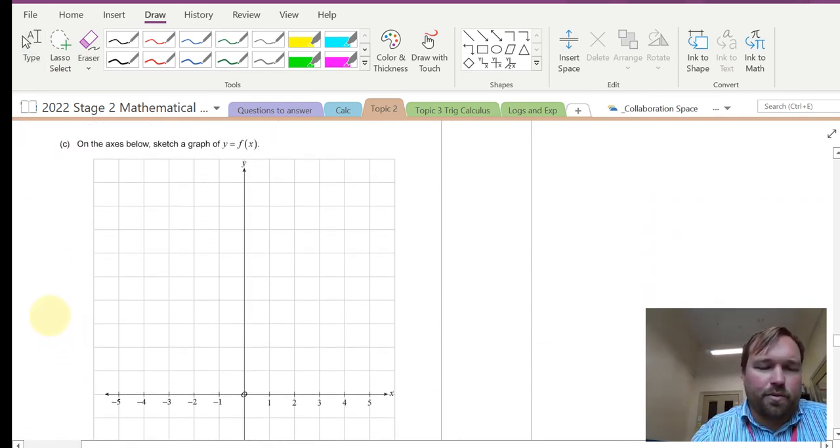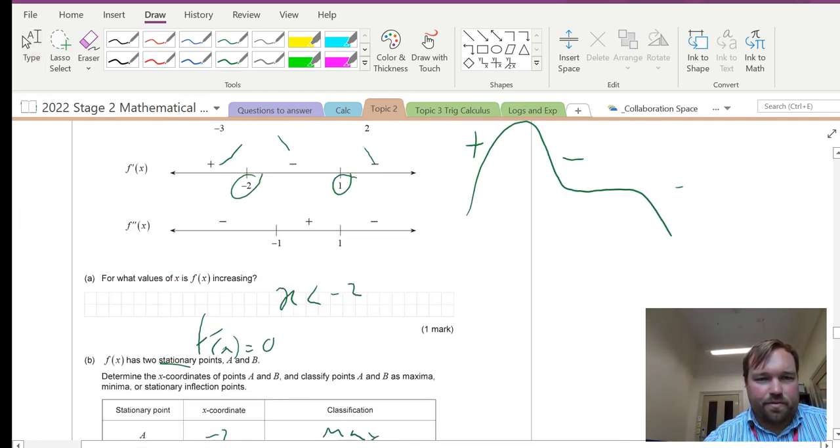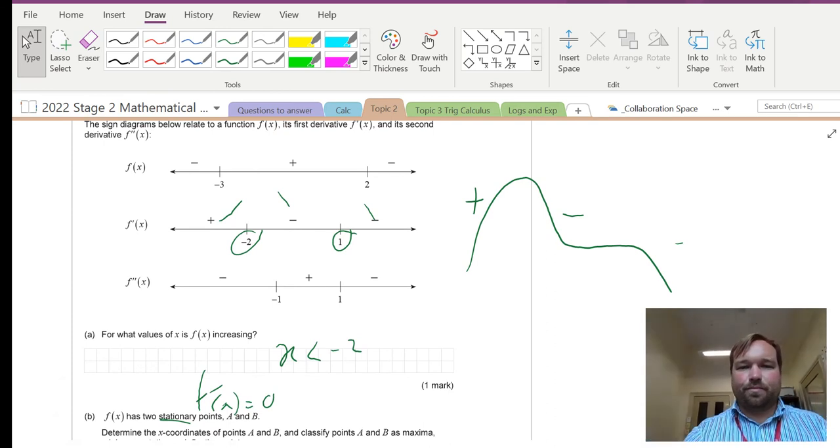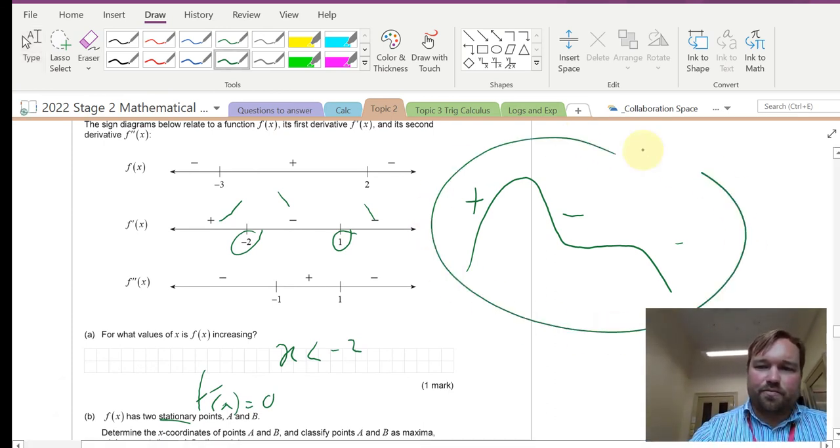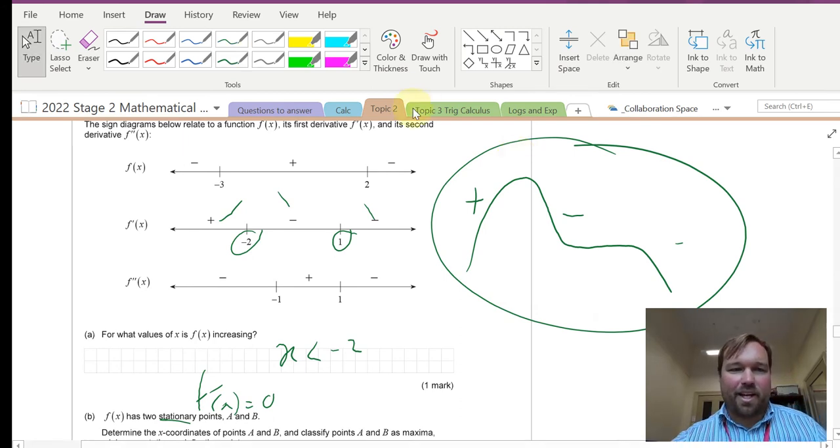On the axis below, sketch f of x. Alright. Well, here's a good sketch. We need to get a little more accurate than that, don't we?